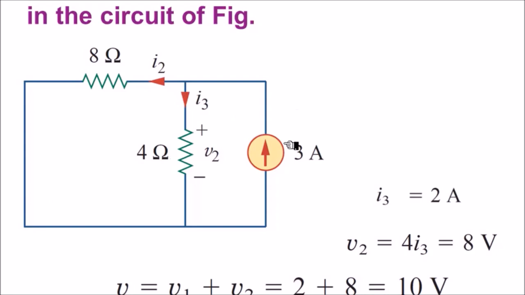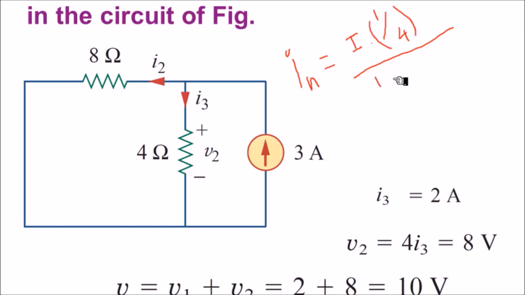As per the current division rule, if you know the total current entering the parallel elements, then the current through one of the branches can be calculated. The current division rule says that IN is equal to the total current I into the conductance of the element. Since we are interested in the current flowing through the 4 ohm resistor, it is the conductance of the 4 ohm resistor divided by the sum of the conductances in the network.